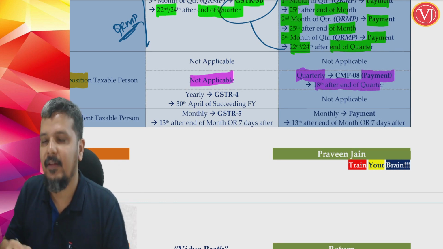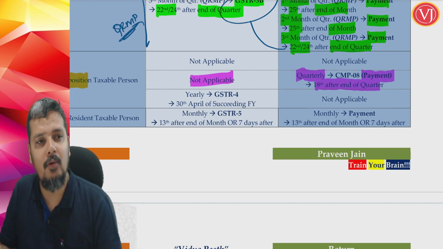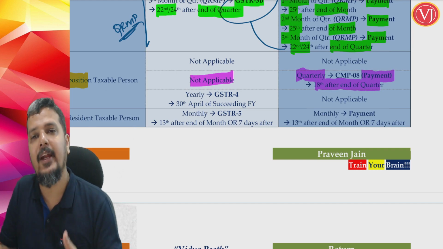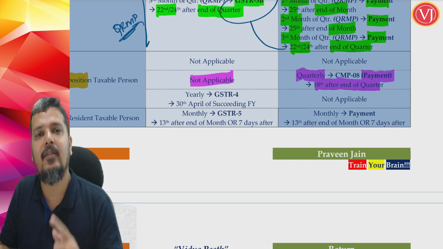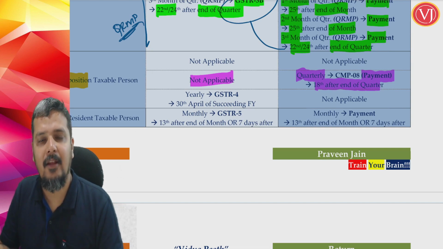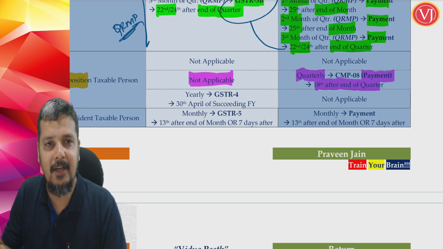Which means for April to June, it is 18th July. July to September, 18th October. October to December, 18th January. January to March, 18th April. Payment is quarterly. So as we are talking only about payment, there's nothing about your return filing here.